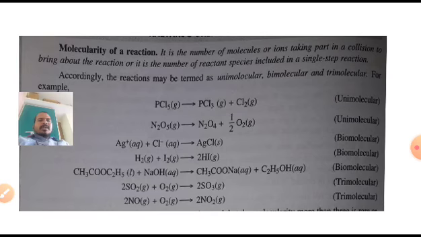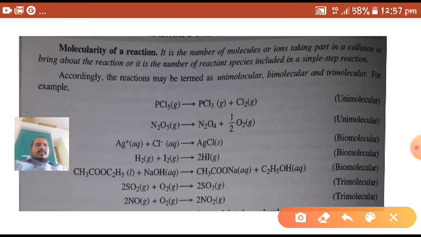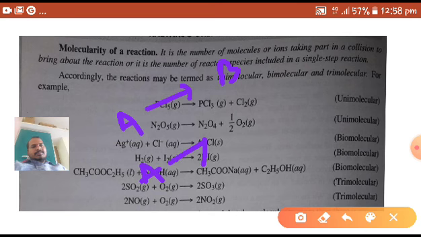Then what is the molecularity of the reaction? Molecularity, in simple words: if a reaction goes through multiple steps, the slowest step is the rate determining step. Suppose A forms B, but this reaction involves 2 steps.